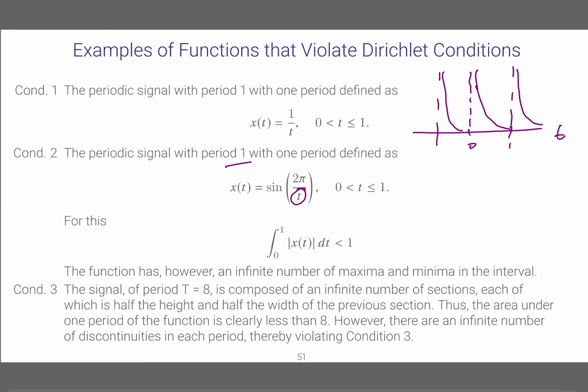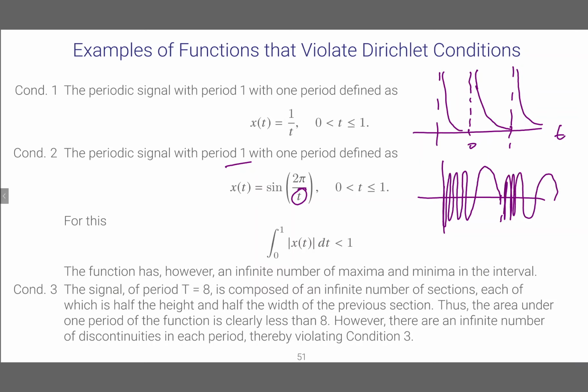So you have 1/t here. Because of this, at 1 you have a nice sinusoid, but then you can see the oscillations become faster and faster here. So that's an example of a violation of condition number 2.